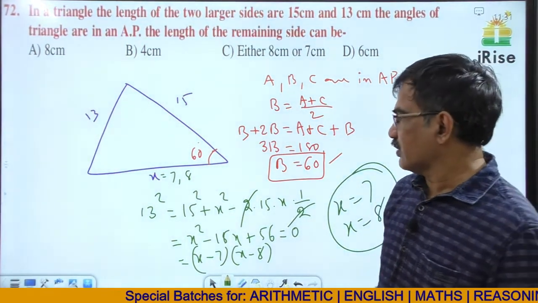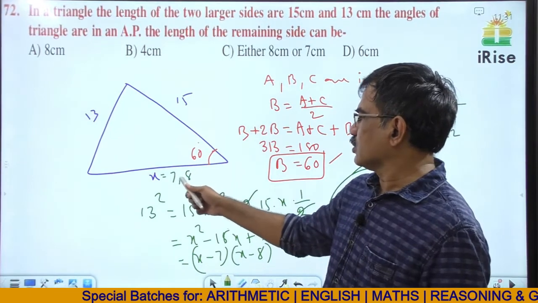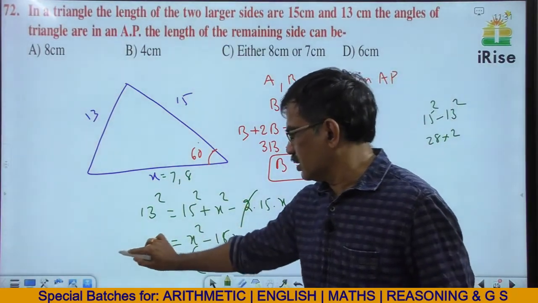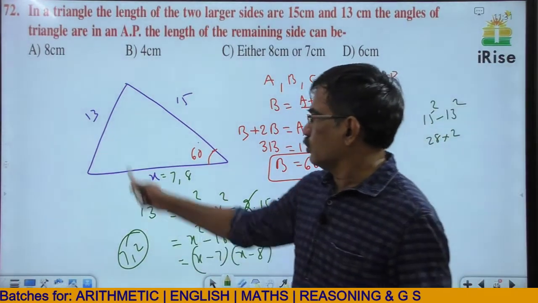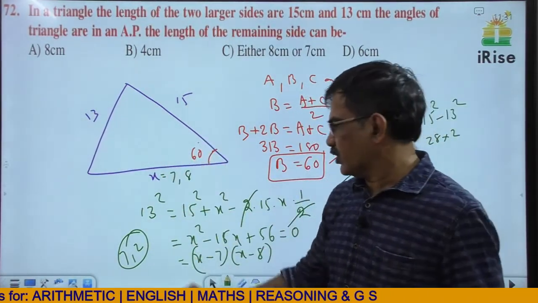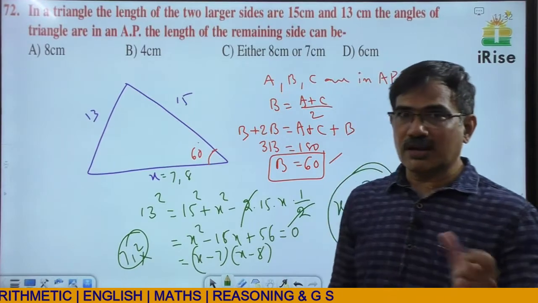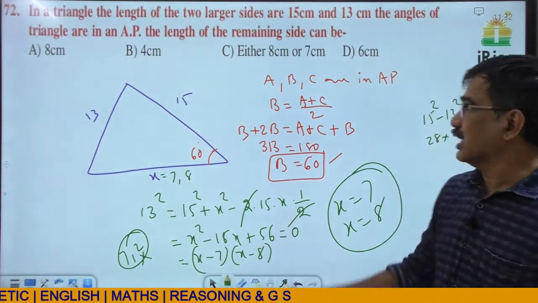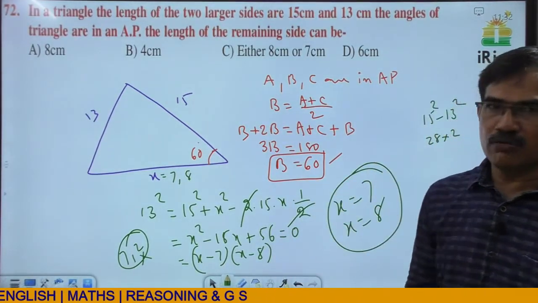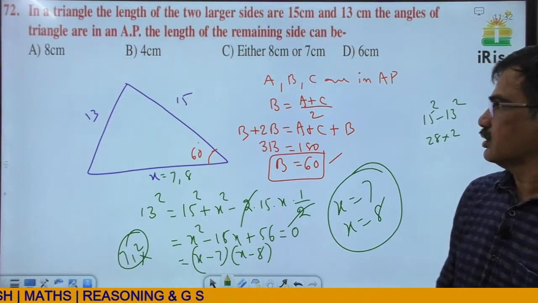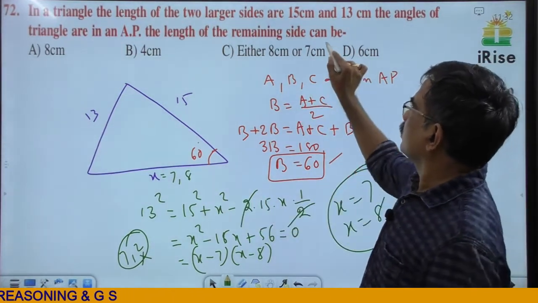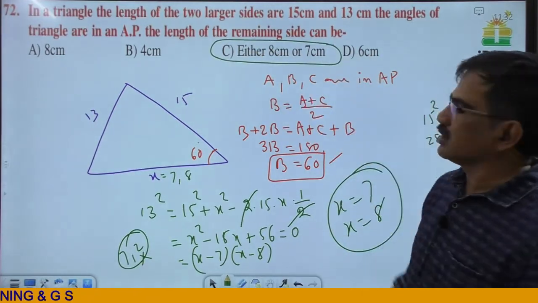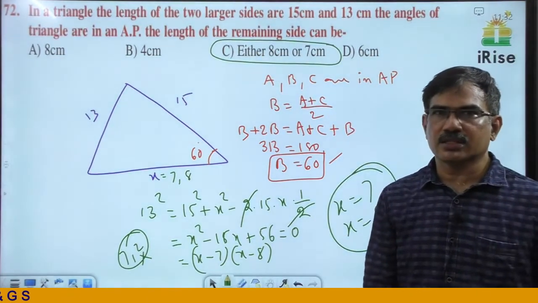If not satisfied, for example, if the sides are 7 and 2, then 2 plus 13 is not greater than 15, so this is not possible. So after getting the answers, you have to check whether these form a triangle or not. Both are satisfied, therefore the answer is either 8 centimeters or 7 centimeters.